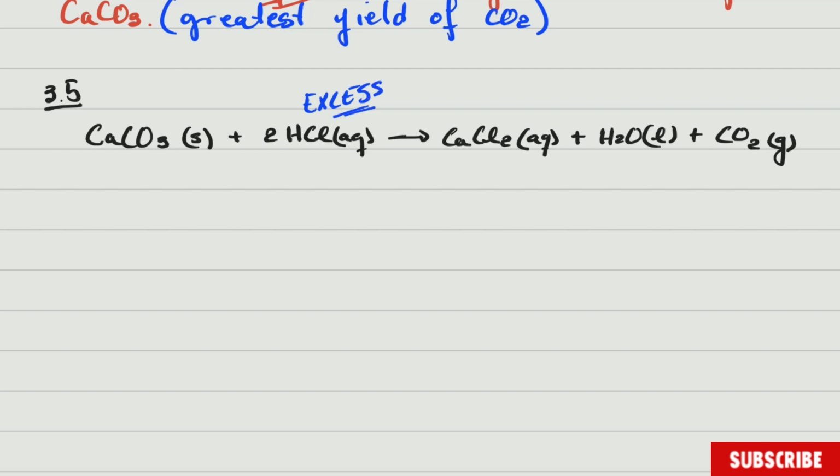You have more than enough of this acid. They are also telling us that at the end of the reaction, the carbon dioxide gas formed had a volume equal to 4,5 cubic decimeters.